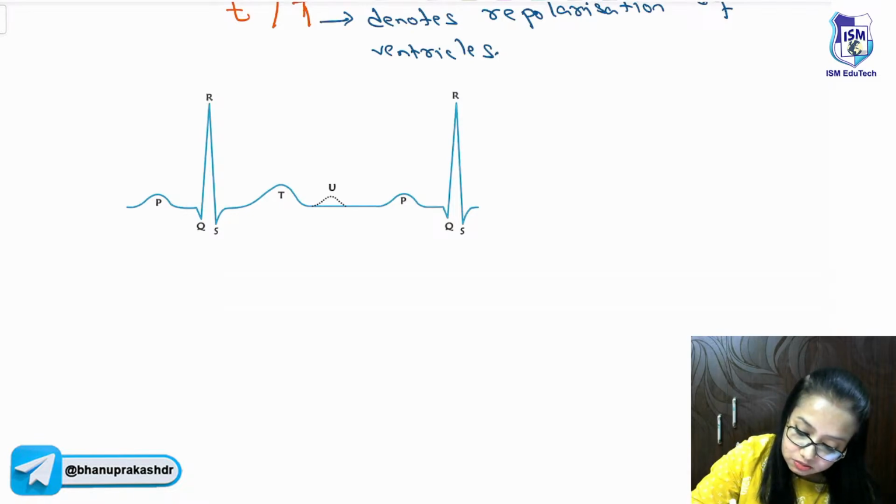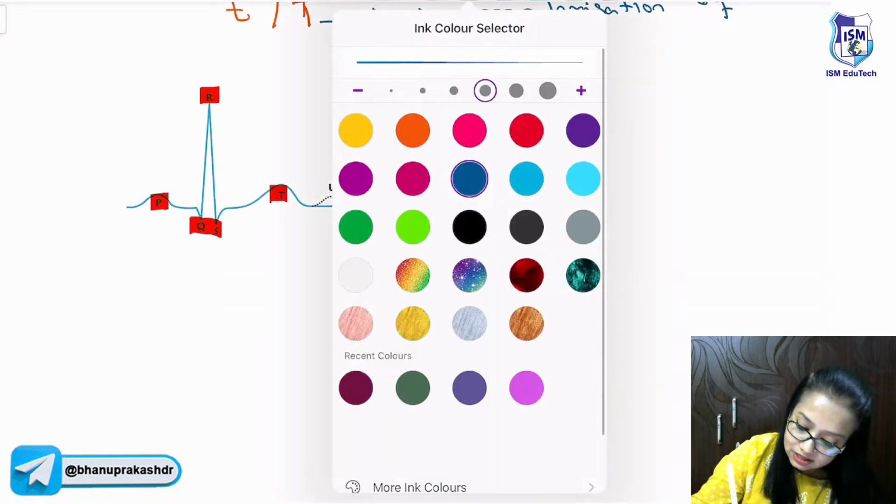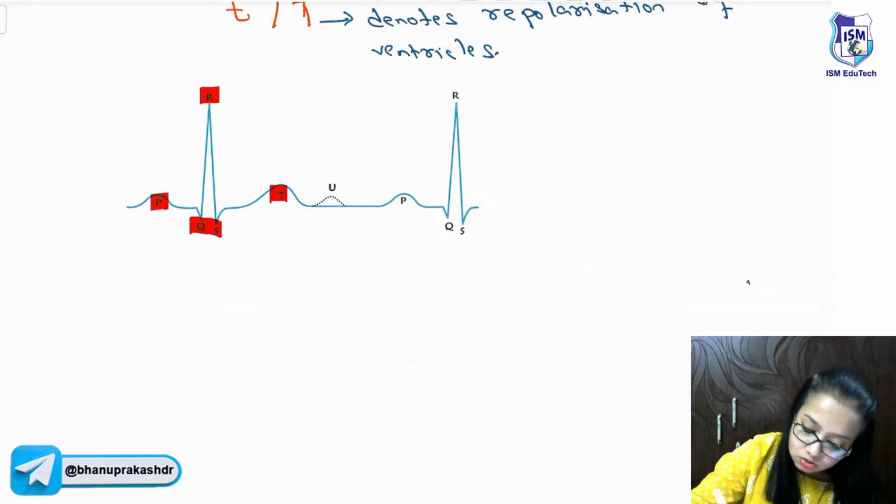We have studied, we know what the P wave is, we know what this QRS complex is, we know what the T wave is. Now here in the dotted line, we can also see another additional wave, which is in dots, which is the U wave.